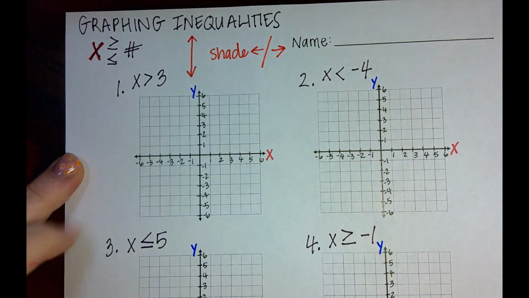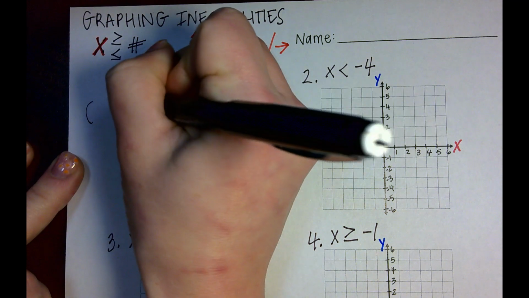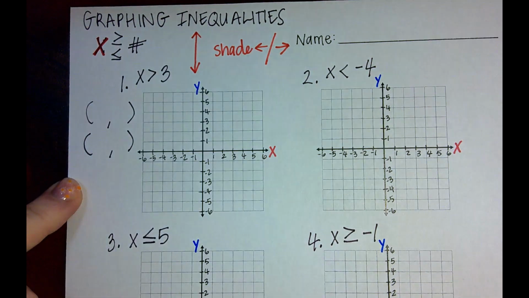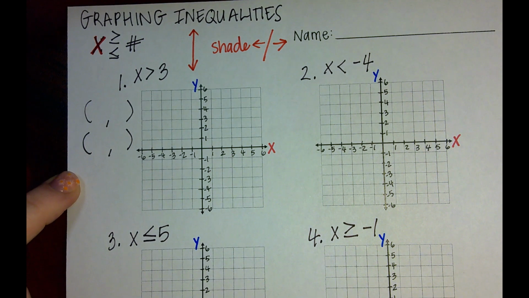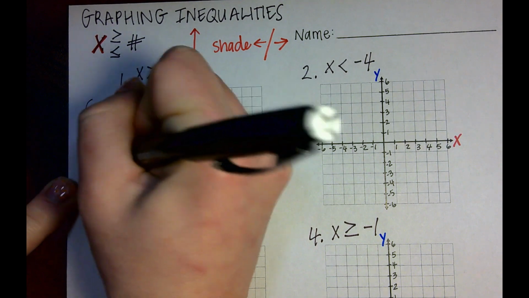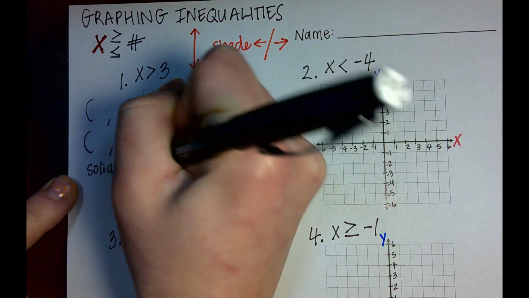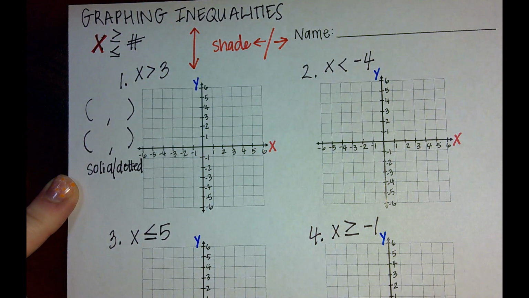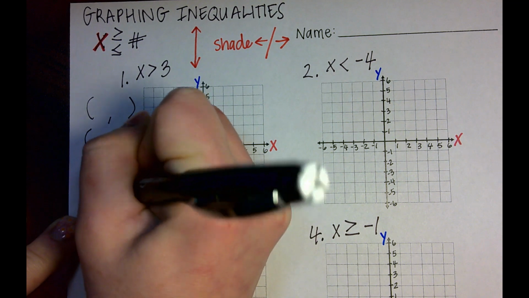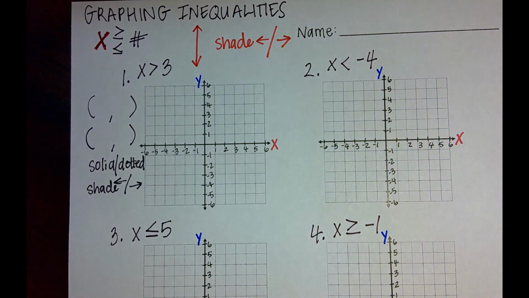I'm going to start by giving us some coordinates, just some empty parentheses. And we'll choose solid or dotted, and shade left or right.